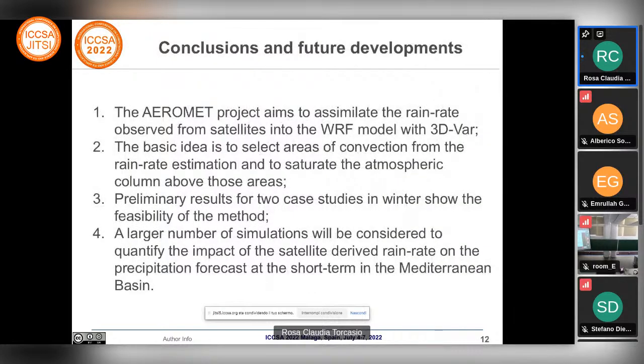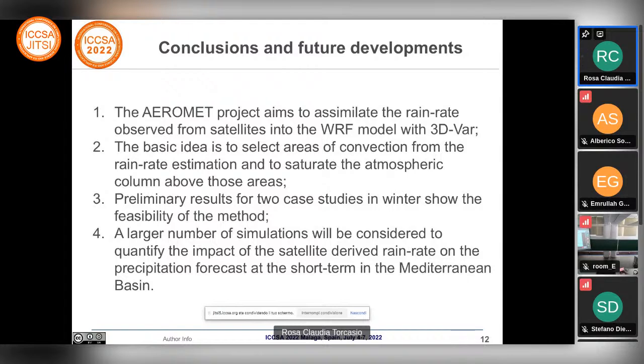Going to the conclusions, we presented the preliminary results of the AeroMet project, which aims to assimilate the rain rates observed from satellite into the work model with 3D VAR. The basic idea is to select areas of convection from the rain rate estimation and to saturate the atmospheric column above those areas.